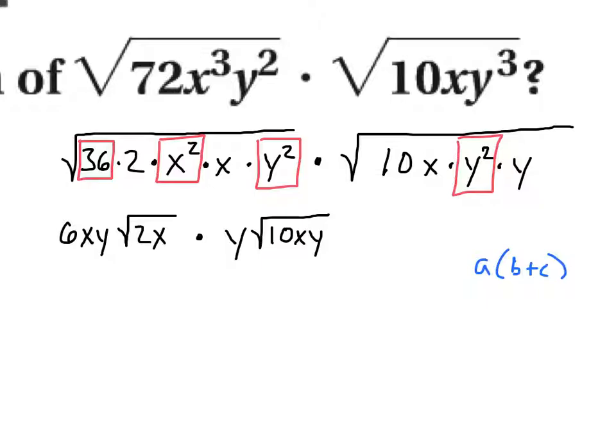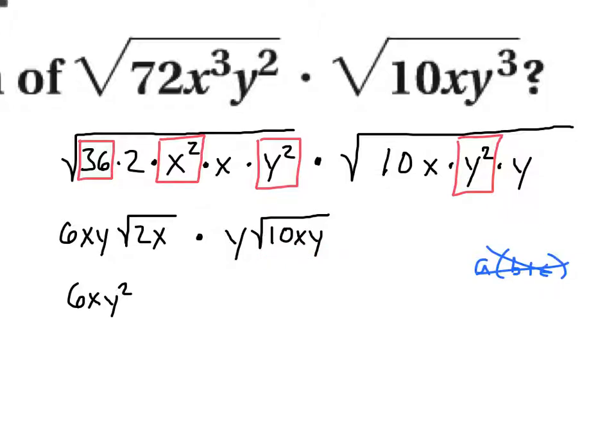We do not have that. Everything here is multiplication, so I can really only take the y times y, which gives me 6x y squared.